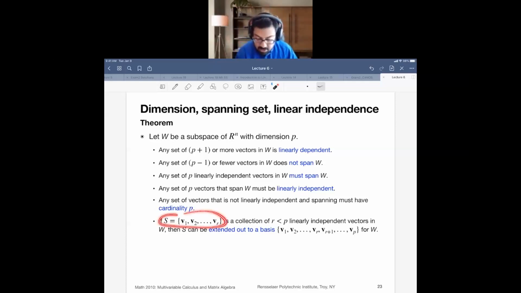If you have a set S of R vectors, such that R is less than P, and they are linearly independent vectors in subspace W, S can be extended out to a basis with P vectors for W. What we are doing is adding more vectors to a basis, and if you do that, you extend your basis and will be able to span a bigger subspace.